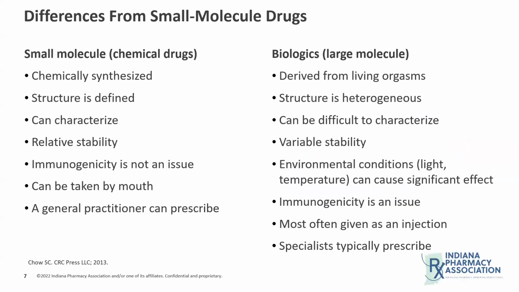Now back to small molecules for a second. There are plenty of items to note here, but let me go into the dichotomy we have with biologics compared to small molecules. I mentioned they are derived from living organisms, but the biologics, the structure as the building blocks are typically amino acids, which are also the building blocks of proteins.